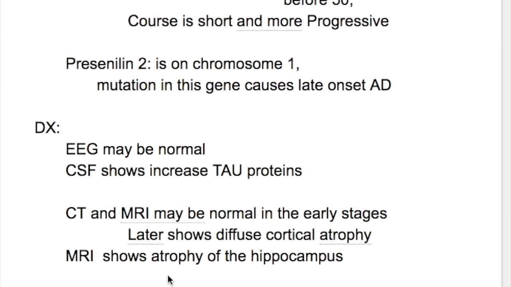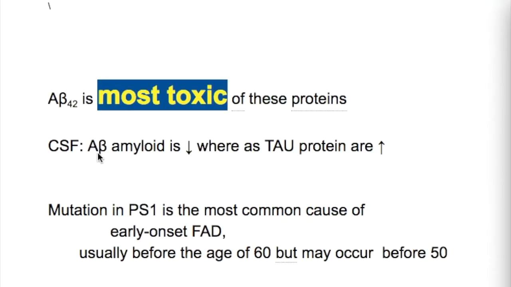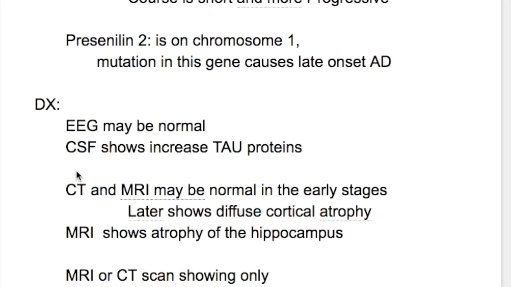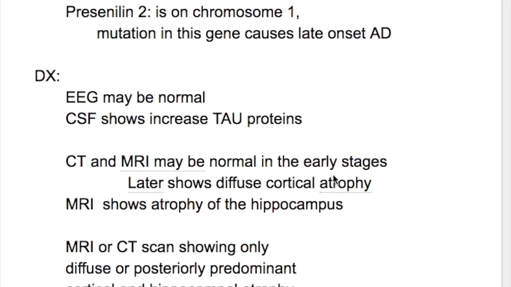Diagnosis of Alzheimer's. EEG may be normal. CSF shows increased tau protein. CSF has A beta amyloid decreased, whereas tau proteins are increased. How about CT and MRI? CT and MRI may be normal in the early stages, but later they show diffuse cortical atrophy. MRI shows atrophy of the hippocampus also.